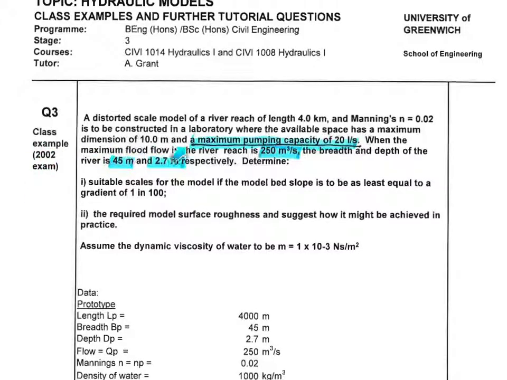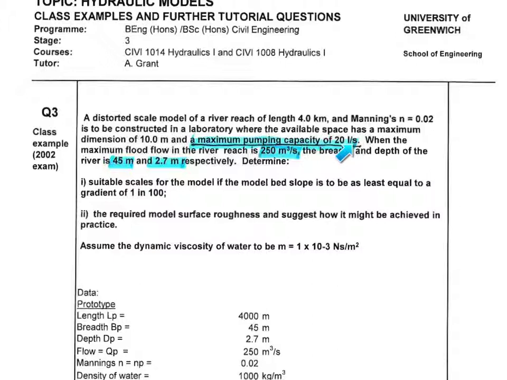Now here's another example which we're not going to work through in detail here, but we're just reminding ourselves that, as we said earlier, there are two minor variations in problems as to how we can calculate the vertical scale y. In the previous problem, we did not have any information about the maximum pump capacity or the maximum model flow.